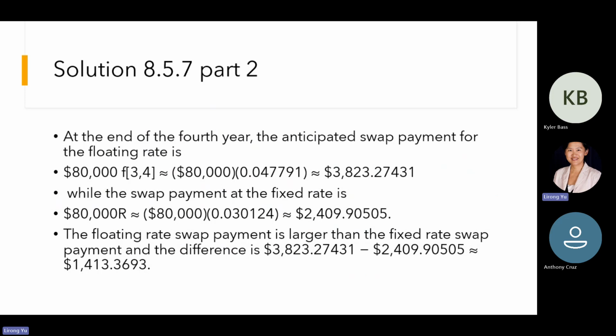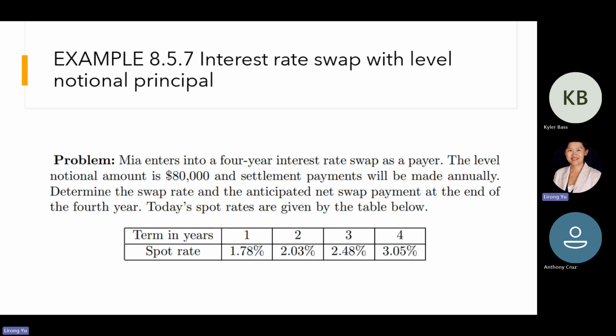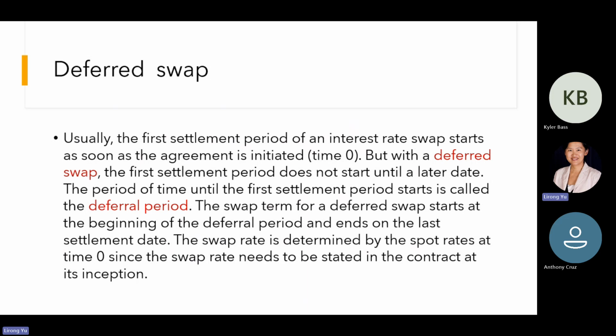In the swap agreement, whoever is larger, in this case the floating rate, that party would have to pay the net cash flow. This is explaining the question: what will be the anticipated net swap payment at the end of year 4? That was trying to answer that question. Any questions on determining the swap rate and the net cash flow payment? So that finished the swap rate example.